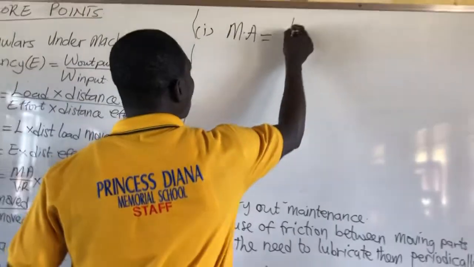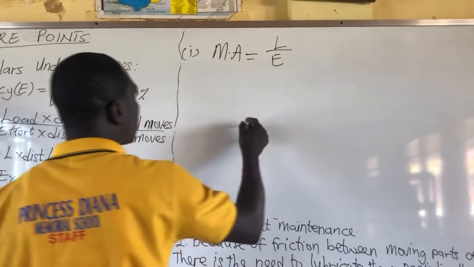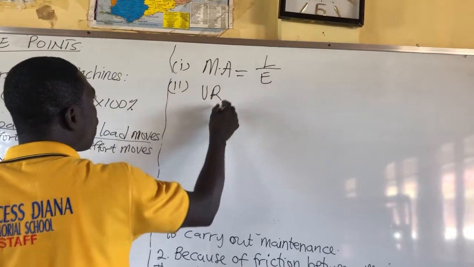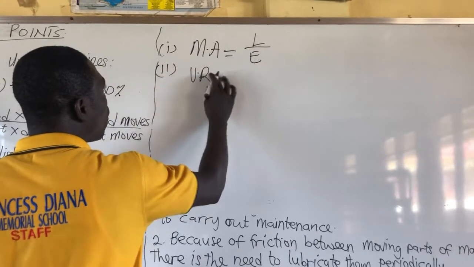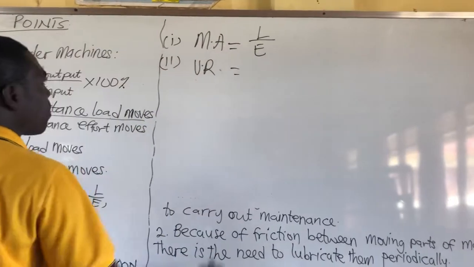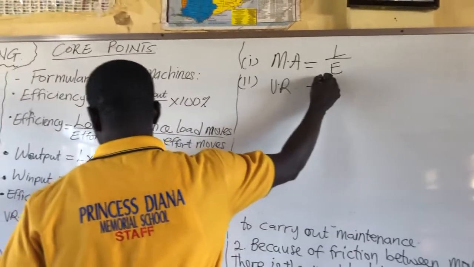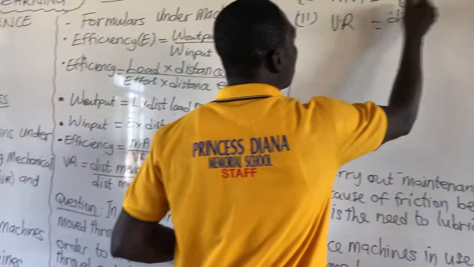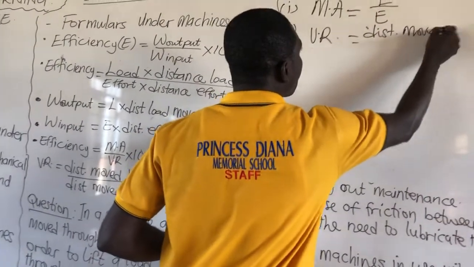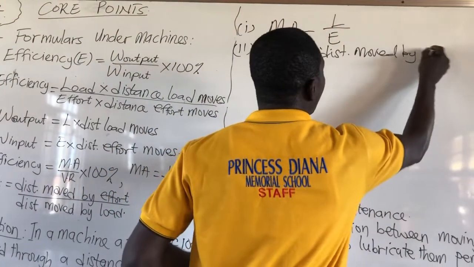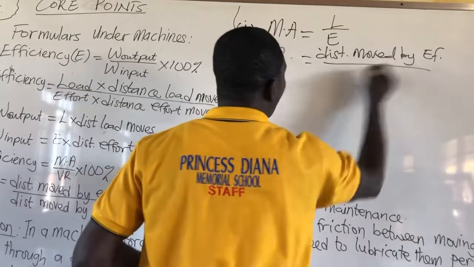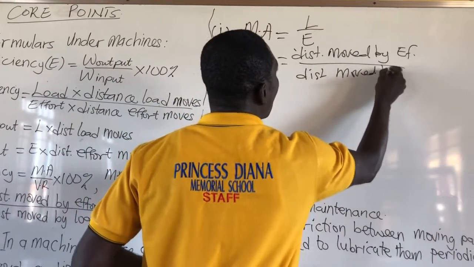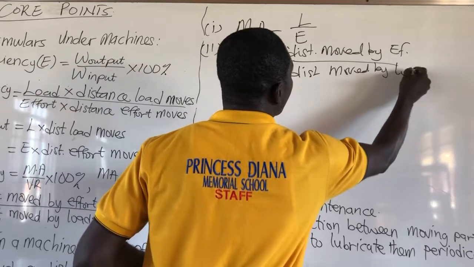So let's quickly look at our question here. Mechanical advantage is equal to the load over the effort. And we also have the velocity ratio, or we have to find the velocity ratio, which is also giving us the distance moved by effort divided by the distance moved by the load.